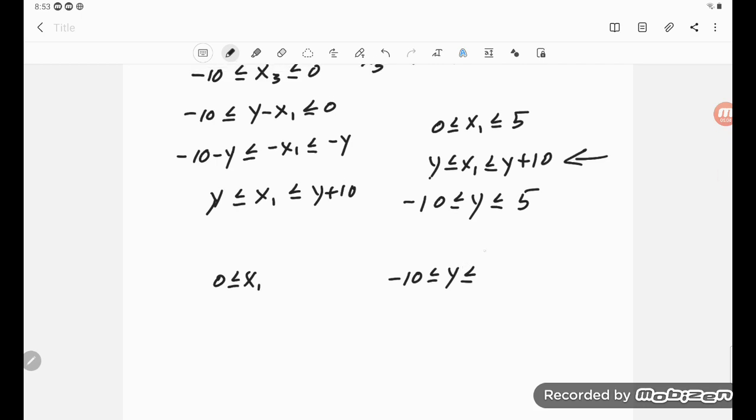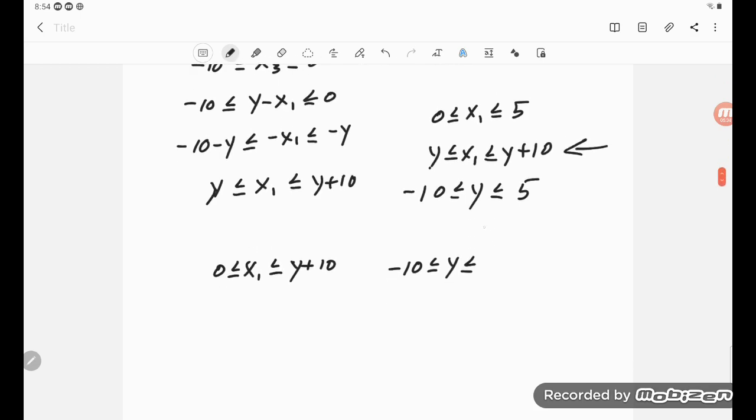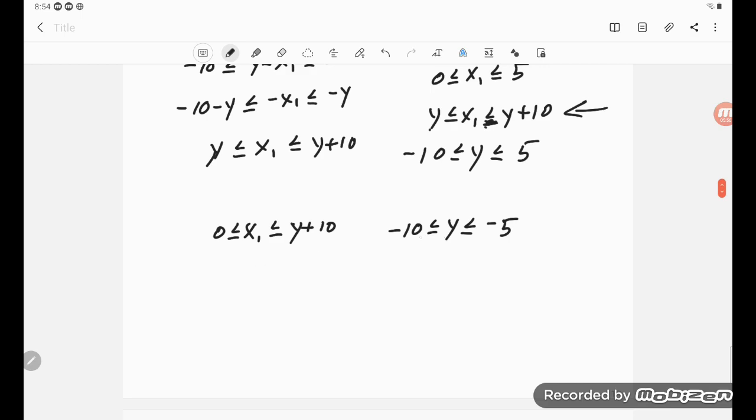And on the right-hand side it starts at 0 with y plus 10, so it's bounding x1, and y plus 10 increases until we get to, let's see, until we get to negative 5, because at negative 5 we hit the top end of x1, which is 5. So that's that one.